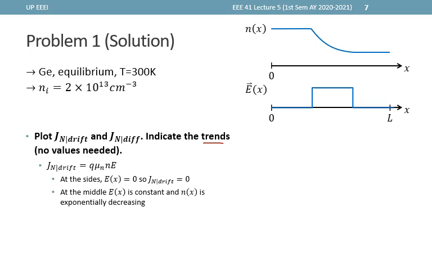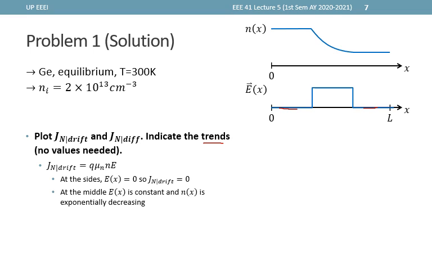So at the sides, E of x is equal to 0. Therefore, when we multiply that to something, the result will simply be 0. Now at the middle, E of x is simply a constant while N of x is exponentially decreasing.